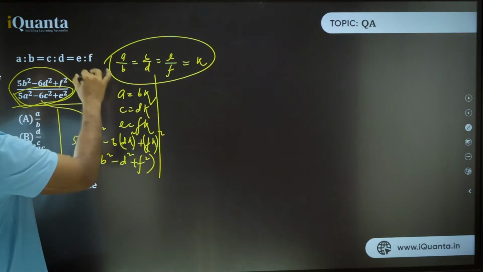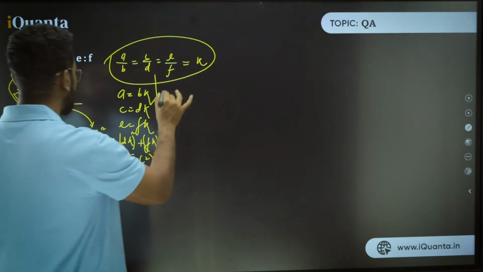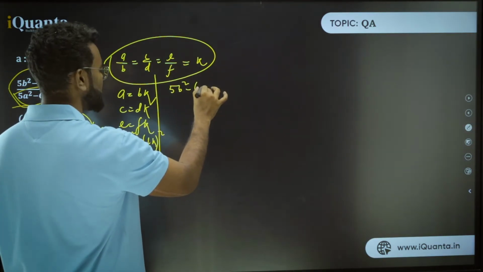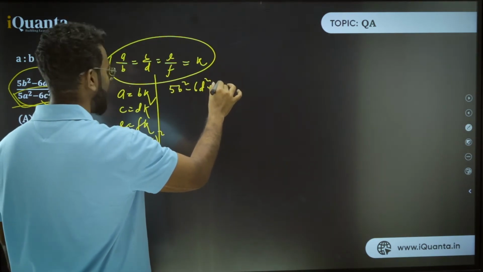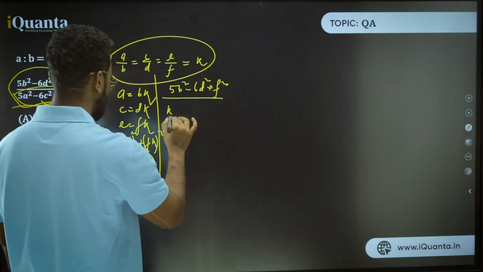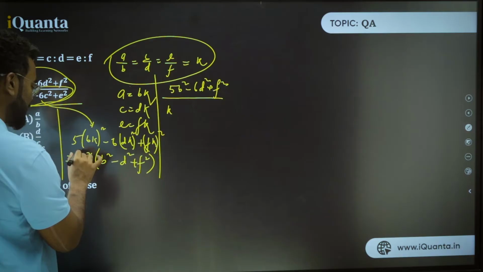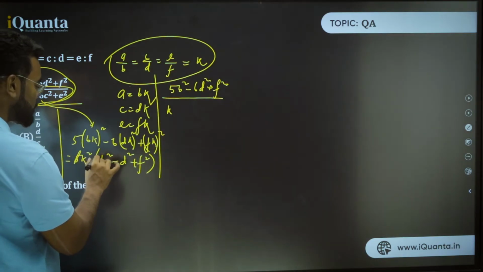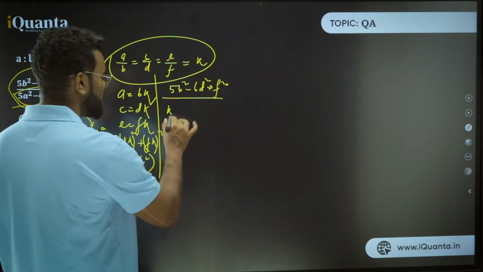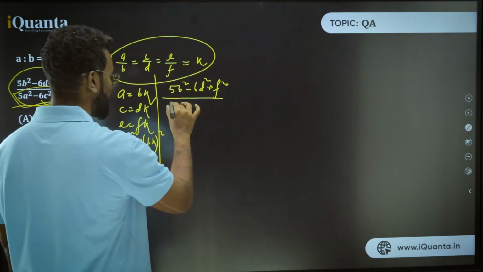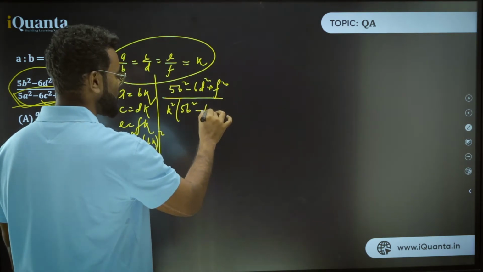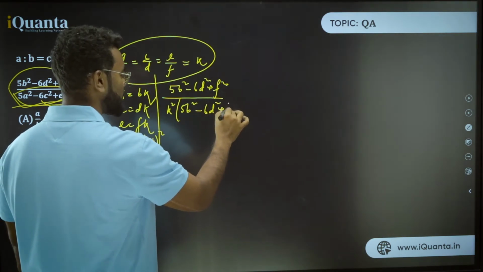Now think about the numerator and denominator. It is 5b square minus 6d square plus f square upon 5k square, sorry, upon k square. So I can take k square common, so it will become 5b square minus 6d square plus f square.